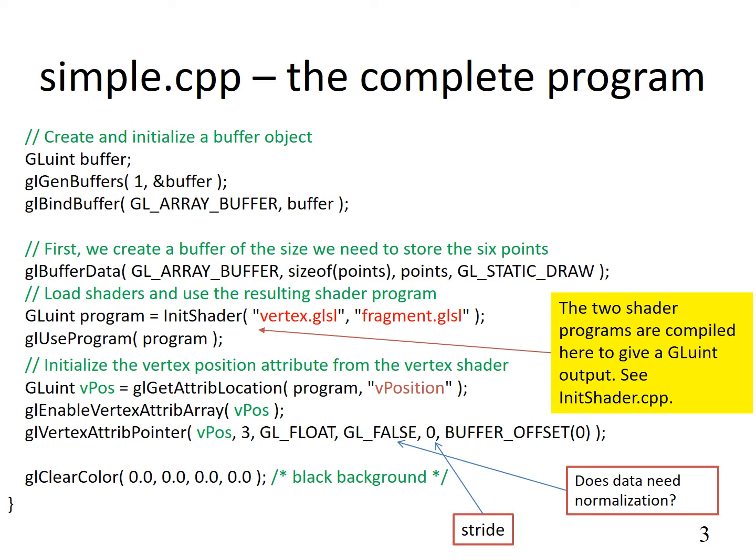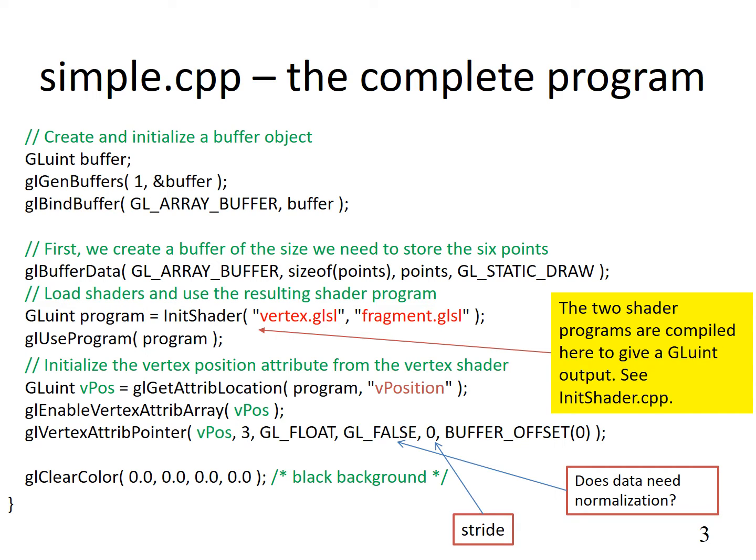Using similar steps, we create a buffer object. Notice that the variable name of type GL unsigned integer is again used for the buffer. The name buffer itself is chosen by us and does not tell OpenGL that this is a buffer object. It is in fact the next step where we specify that this is actually a buffer object.